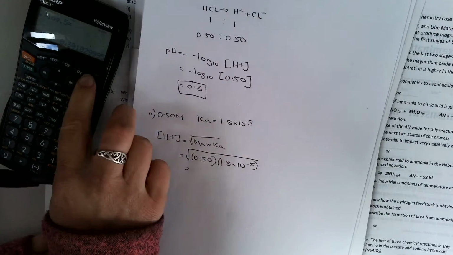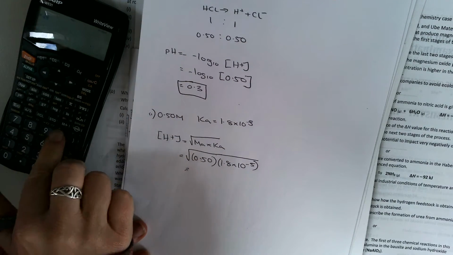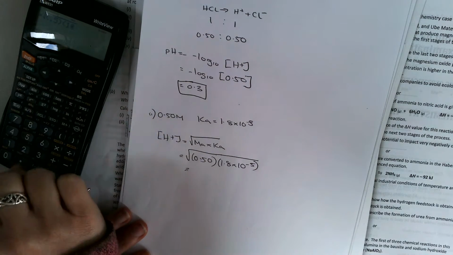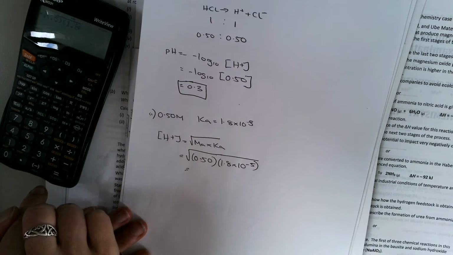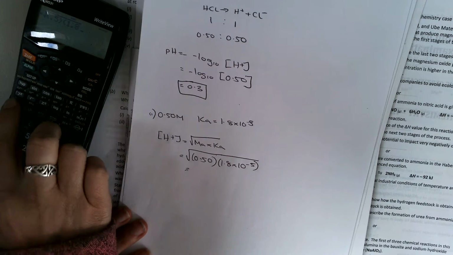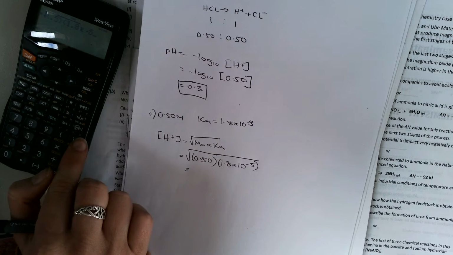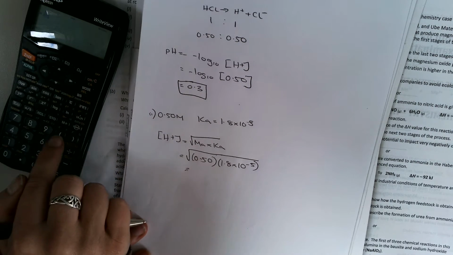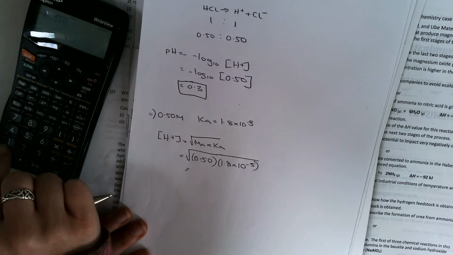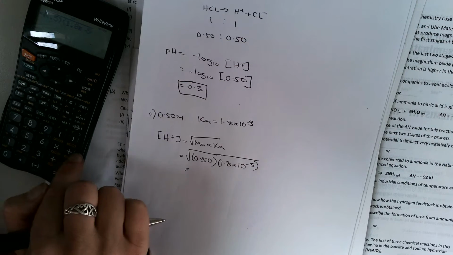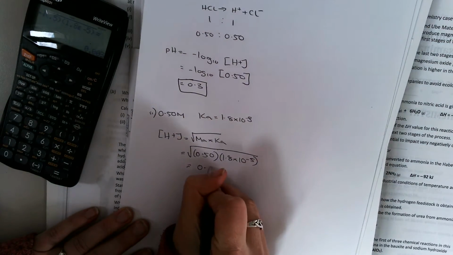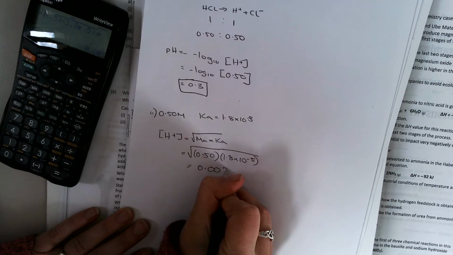So that's going to give me the square root of 0.5 by 1.8 by 10 to the minus 5, and that gives me an answer of 0.003.